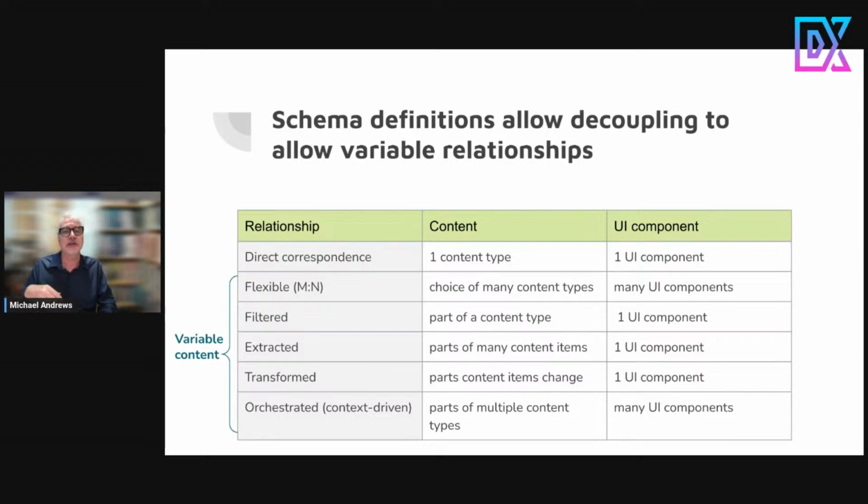And then ultimately, we're trying with decoupling to support orchestration, where we're getting very context-driven decisions about what content elements to pull from what sources and how to display those in different contexts. So these are all possible when and only when you truly decouple your content from your design. All right, so a lot about the importance of that.